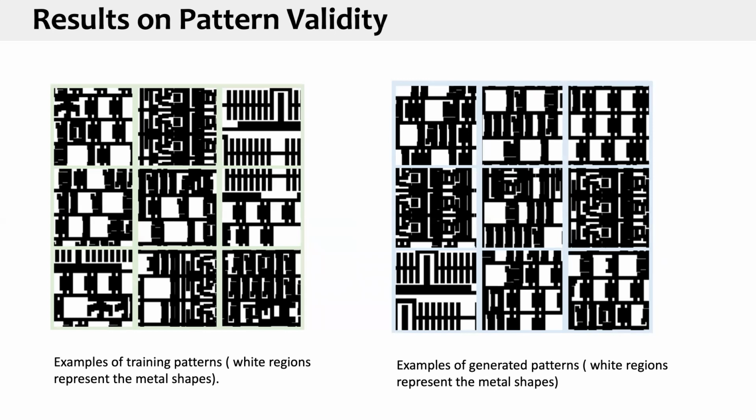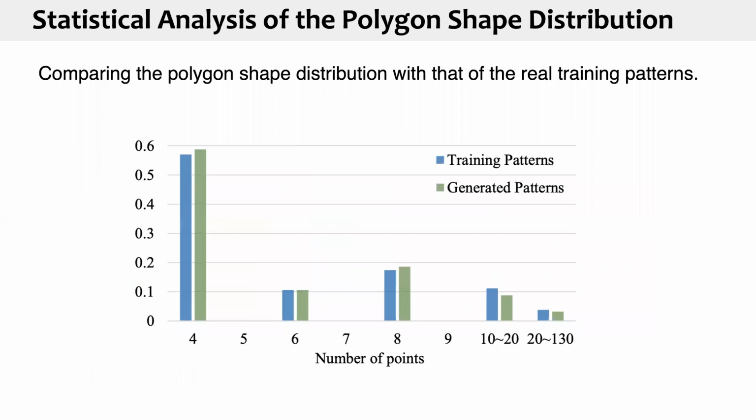The diversity of generated layout patterns plays a crucial role in various lithography design applications. We further evaluate the diversity of layout patterns generated by our method by comparing the polygon shape distribution of the generated patterns with that of the real training patterns. Specifically, the shape of a polygon is determined by its vertexes.